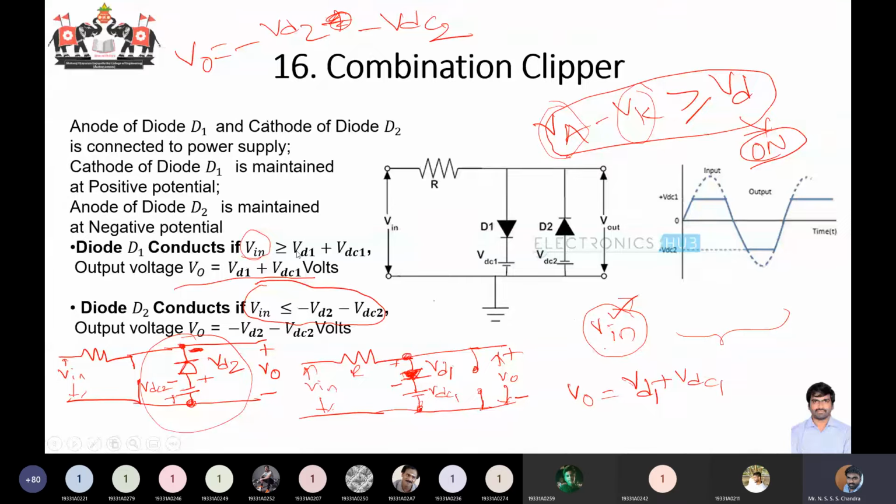No human will be able to memorize all these equations. The only thing is that you need to remember the circuit diagram. From the circuit diagram, you should be able to redraw the equivalent circuit for the circuit condition, and then from this equivalent circuit, you should be able to comprehend the output voltage.